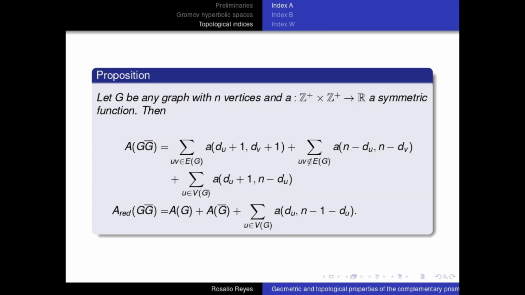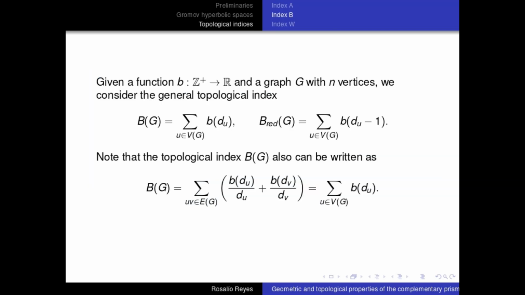Note that in this case the function A is symmetric and takes two positive integer values. The next index is based on a function which takes only one positive integer value. As in the previous case, we have a general topological index and a reduced index B. Note that the index B can be written in the following way.